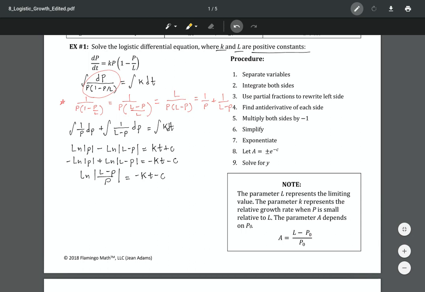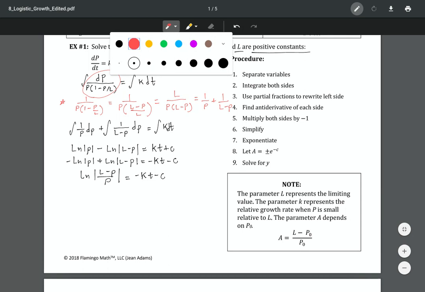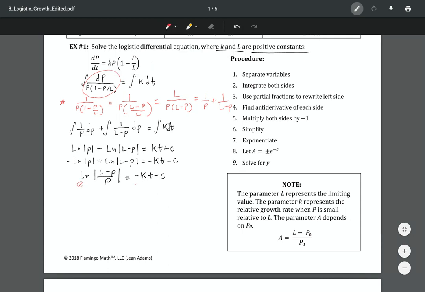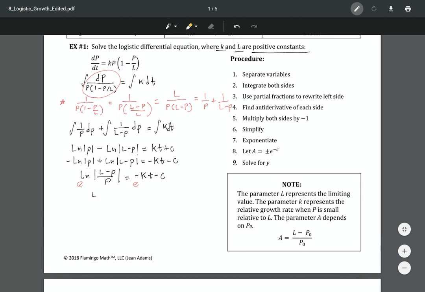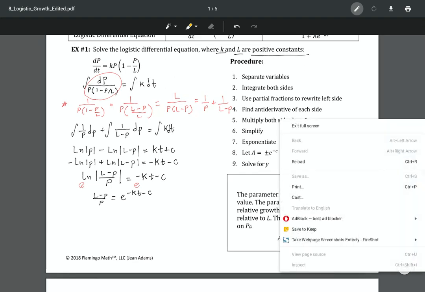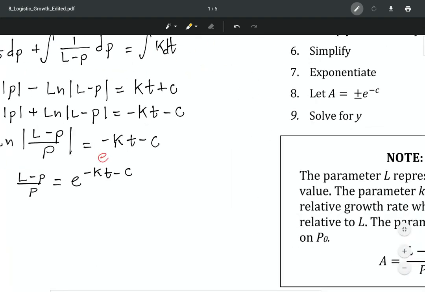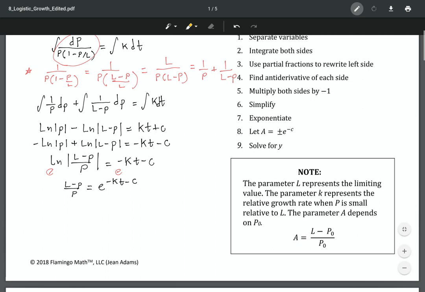All right, so we're going to now do the exponential of both sides here. And that's going to leave me with (L minus P) over P is equal to e to the negative KT minus C. And again, you can write that as a plus C. At this point, it doesn't matter, because just like stuff we talked about before, this right here would be the same thing as having something like this.